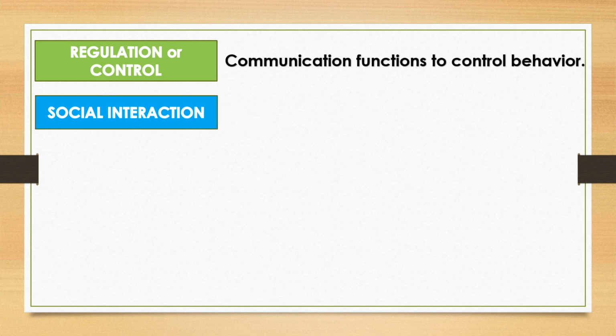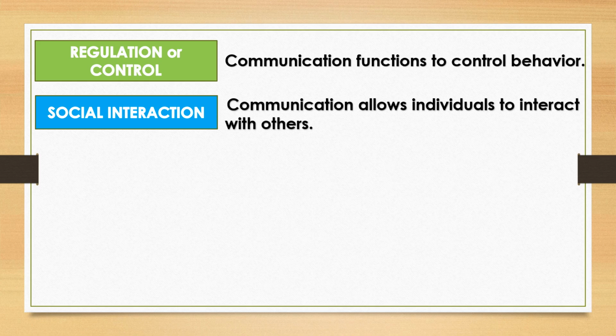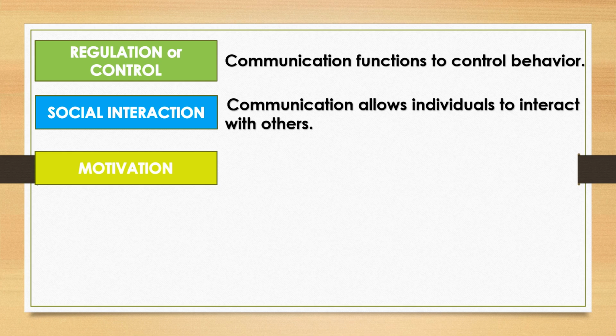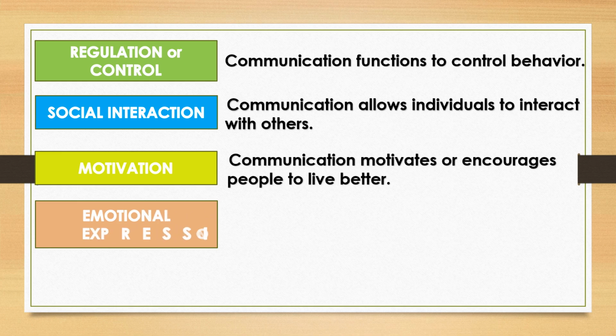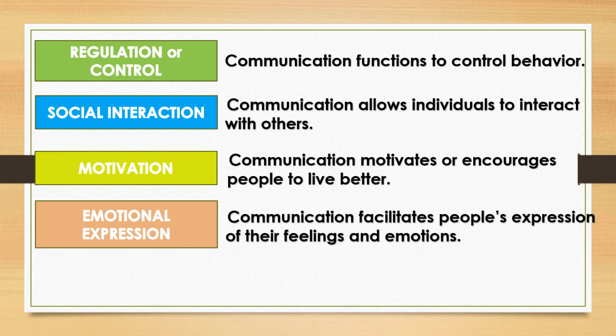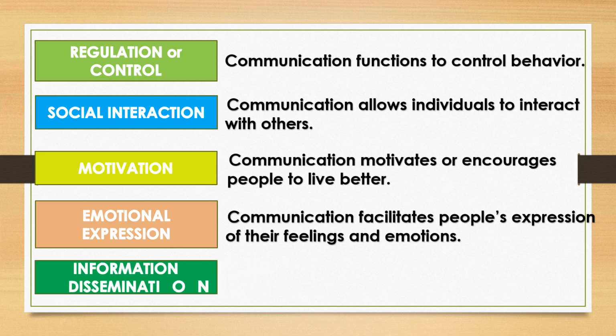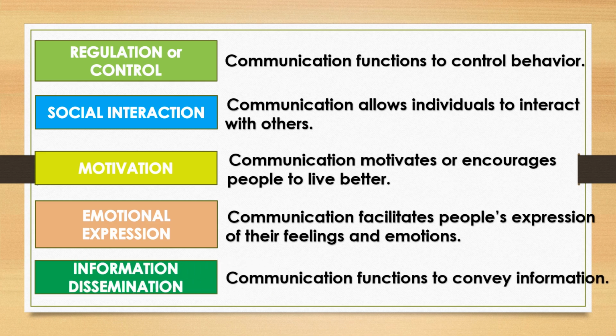For social interaction, communication allows individuals to interact with others. For motivation, communication motivates or encourages people to live better. For emotional expression, communication facilitates people's expression of their feelings and emotions. And for information dissemination, communication functions to convey information.